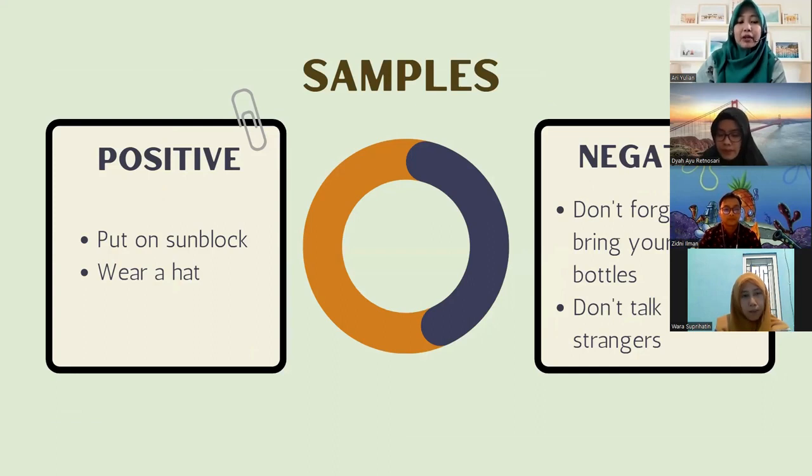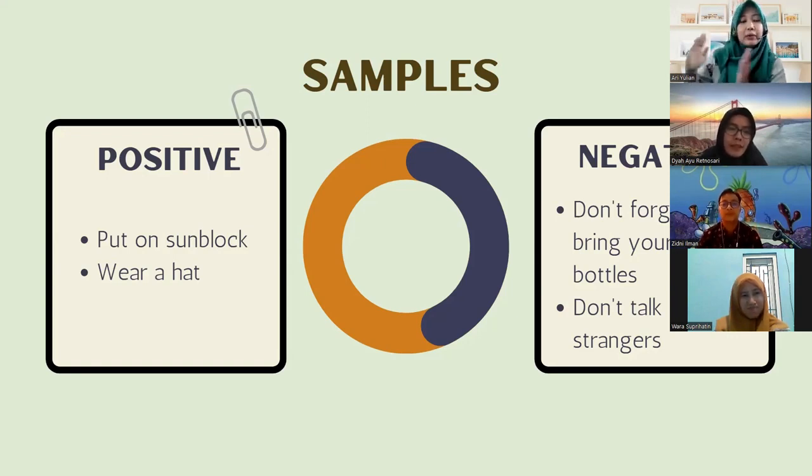And then sunblock-nya sebagai noun di sini. Jadi menggunakan sunblock. And then wear a hat. Okay. Wear a hat. Where itu? Is it noun, adjective, adverb, or verb? Oh. Verb, yes. Wear here is verb. Good. Thank you, Ayu and Zidni.